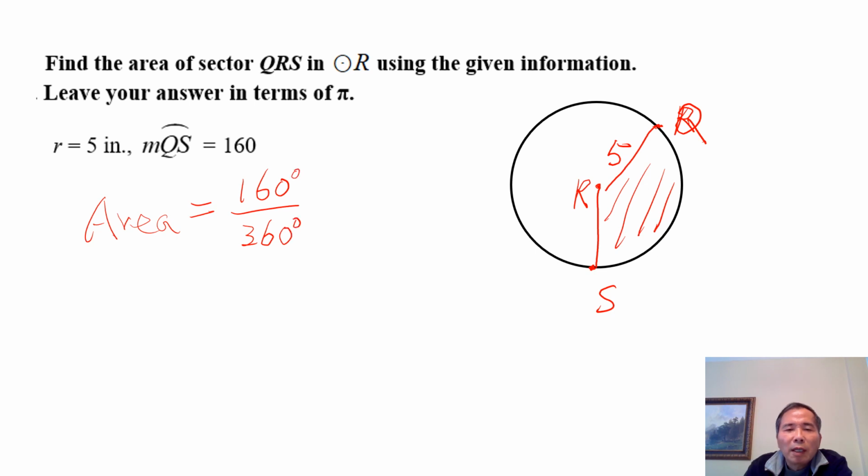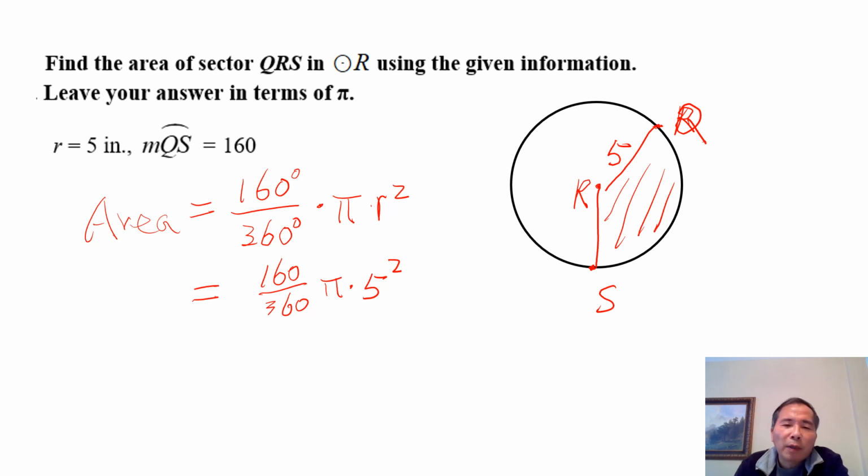Then times the area of the whole circle, which is pi r squared. Right now r is 5. So we have 160 over 360 times pi times 5 squared. Don't forget this square.